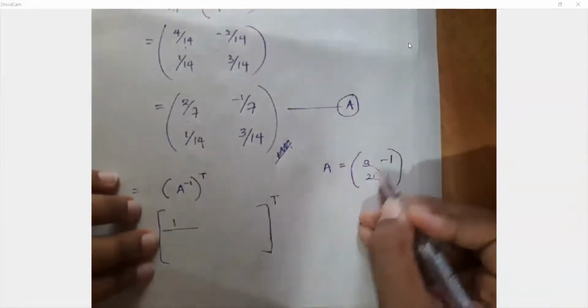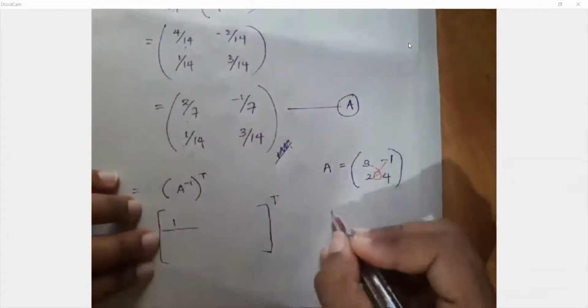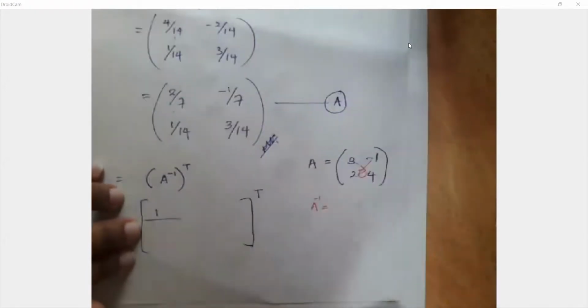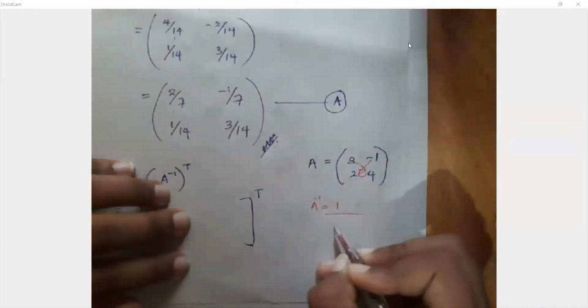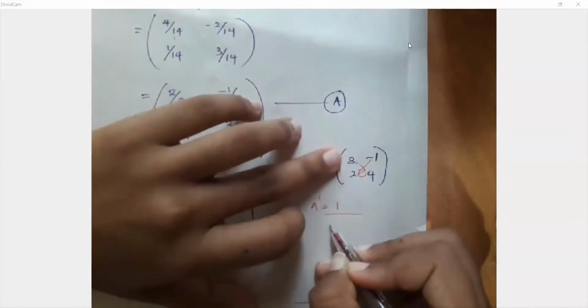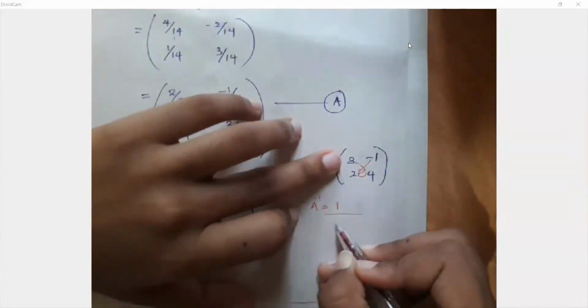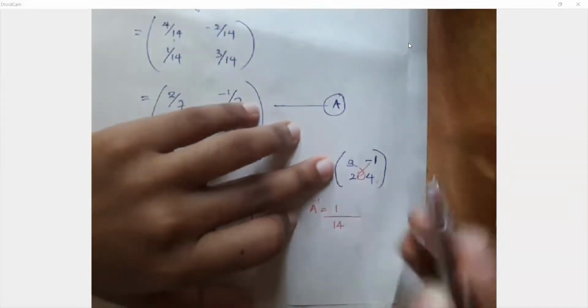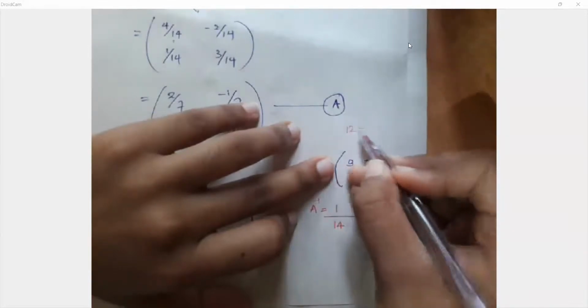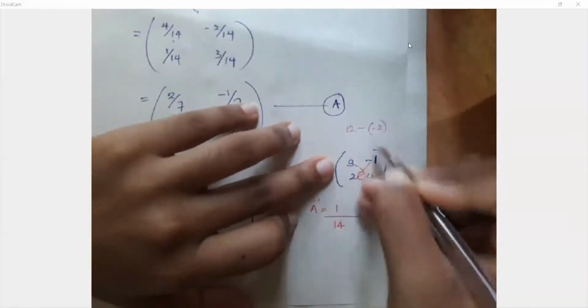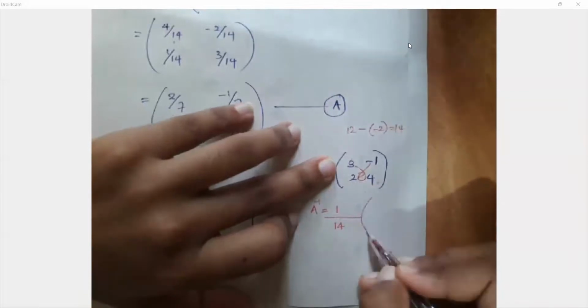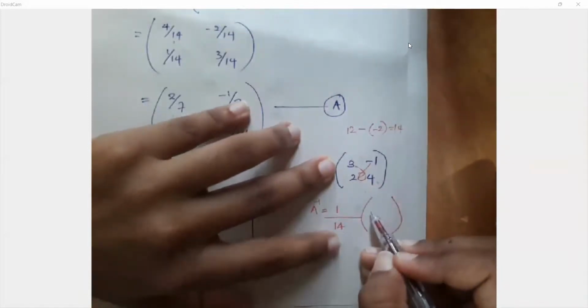We have to find A inverse. We shall write that now here. 1 over what? 14. Here 3 into 4, 12 minus 2. That means 14. Now, what is this matrix?